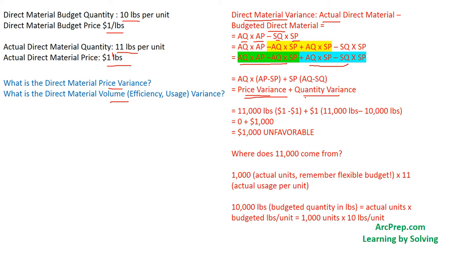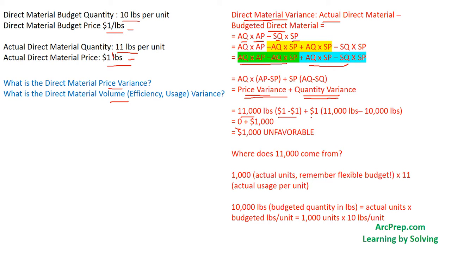What portion of it is because of the efficiency of my systems or operations? We realize that there is no difference between actual price versus direct material budget price. So it's 0. Actual quantity multiplied by 1 minus 1 is going to give me 0.